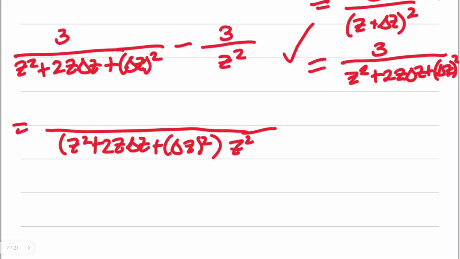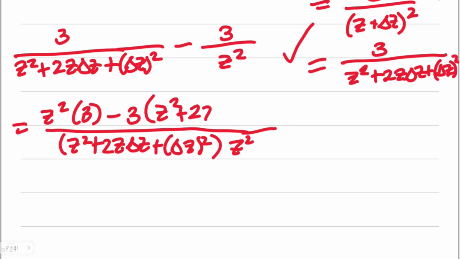Take note that if we're going to do that, this would be a multiplier of the first numerator, and the second one will be a multiplier of the second numerator. So you have z squared times 3 minus 3 times z squared plus 2z delta z plus the square of delta z. Okay, that's what will happen.